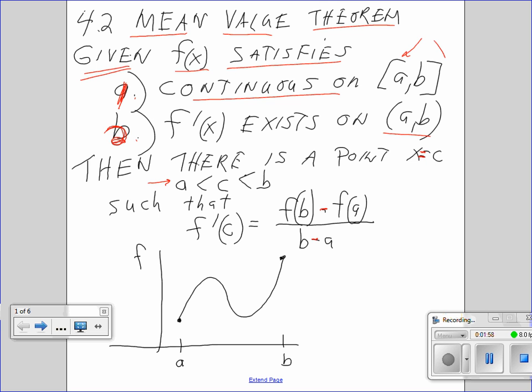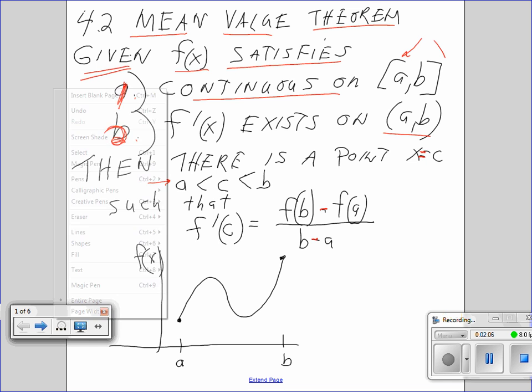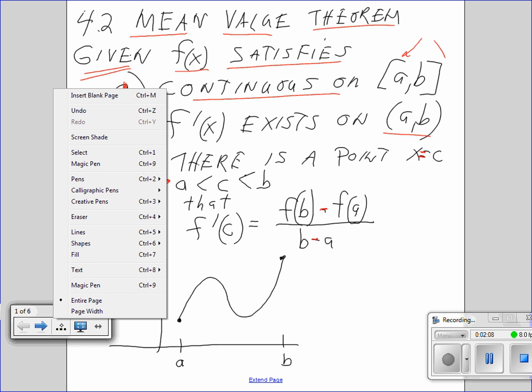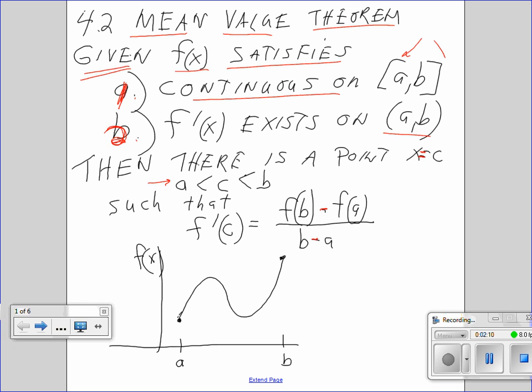Here's my function. Well, first of all, does this satisfy the conditions? Yes, this function is continuous on the closed interval, and you notice there's no sharp edges, so the derivative exists. So, check mark on 1 and 2, those exist.